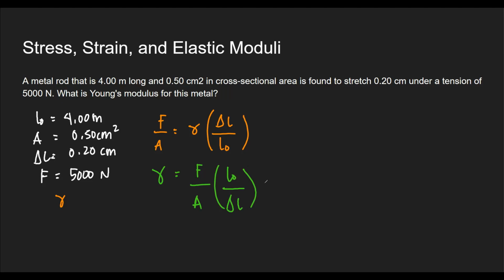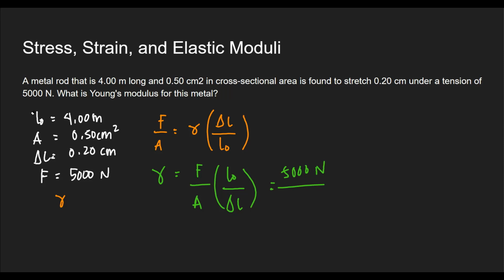Okay, and substituting, my force would be 5,000 newtons over my area, which is 0.50 square cm with a conversion unit. I'll just plug it in right away so it's not too long.